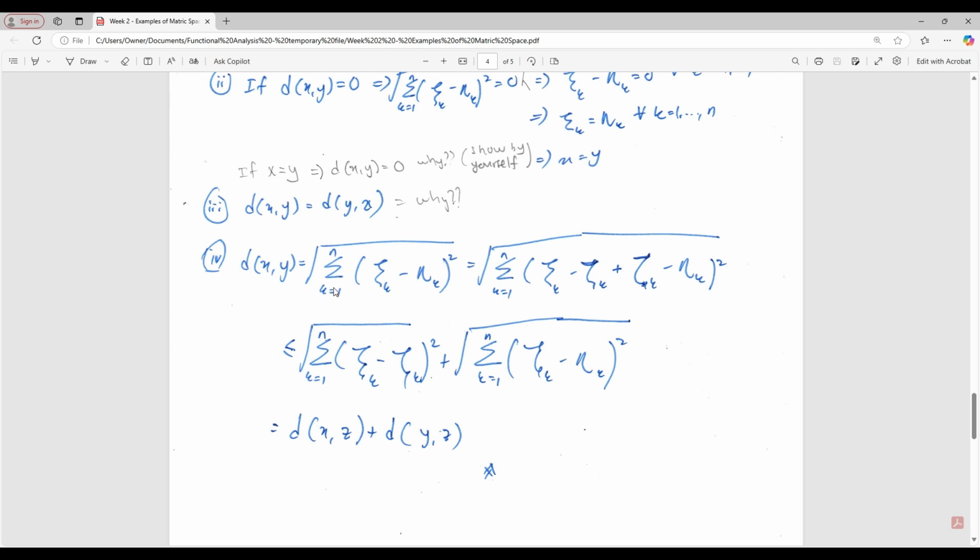So to show the triangle inequality, we are going to apply the finite case of the Minkowski inequality, which I already proved to you. So the finite case of the Minkowski inequality says that, whenever we have, first of all, we are going to write the matrix of x and y like this as defined in the equation, and then we are going to put the dummy here where we put minus zeta k plus zeta k.